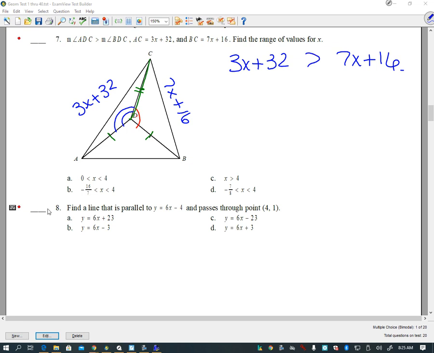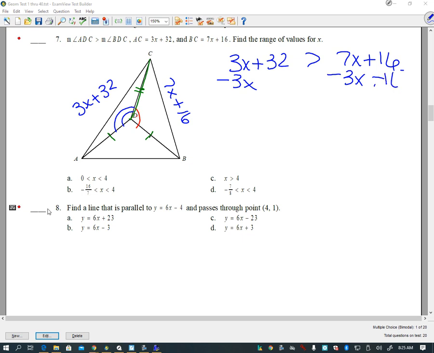So this is going to give me half of our inequality that we want. Okay, can we reduce this down? Ashlyn, how would you go about solving that? Perfect. Subtract 3x. Okay. Maybe subtract 16?